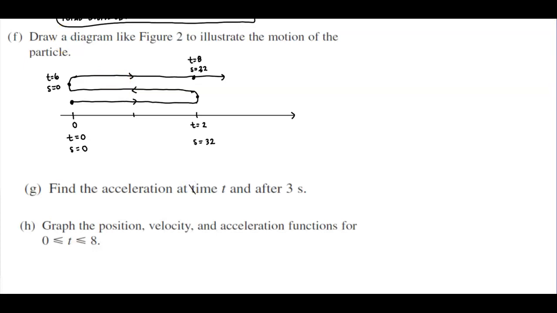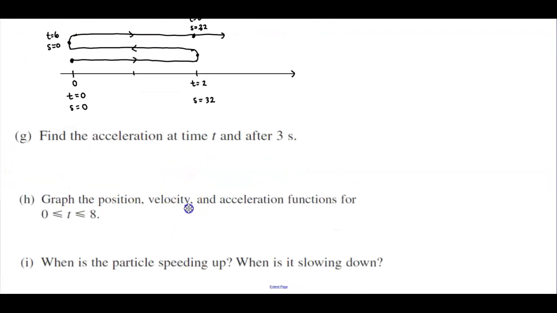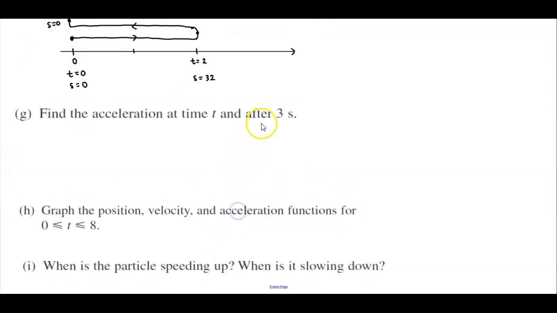Okay, next. We want to be able to find the acceleration at time t and after 3 seconds. Well, remember that the velocity function from above was equal to 3t squared minus 24t plus 36. And then recall that the acceleration function is the derivative of the velocity function. So if we take the derivative of that, it's going to give us 6t minus 24.